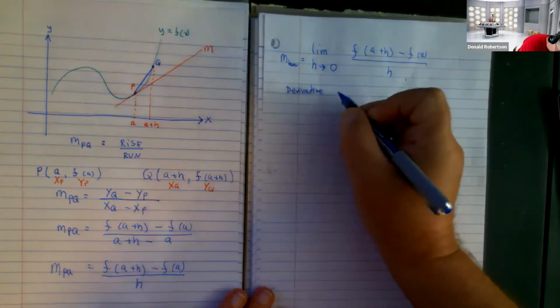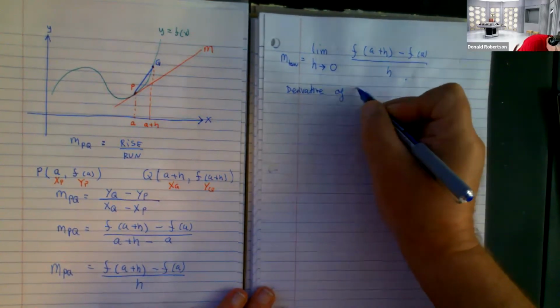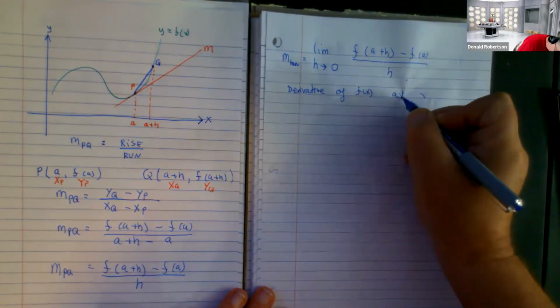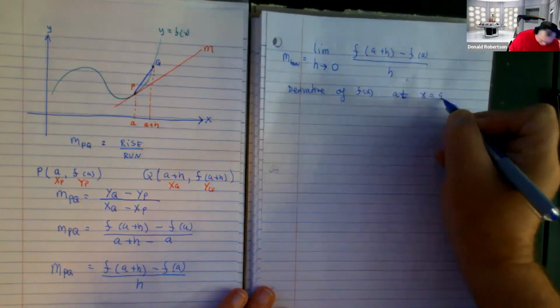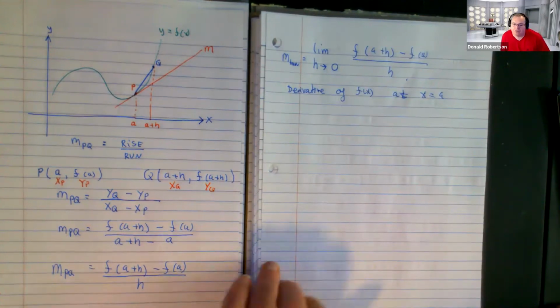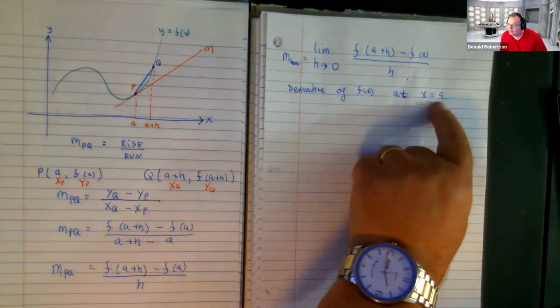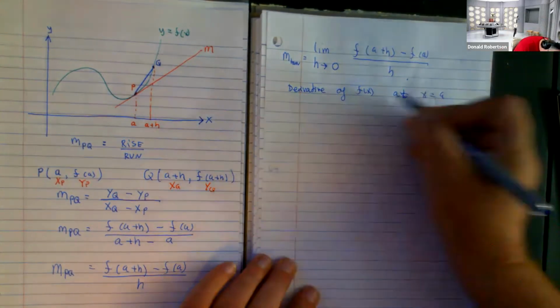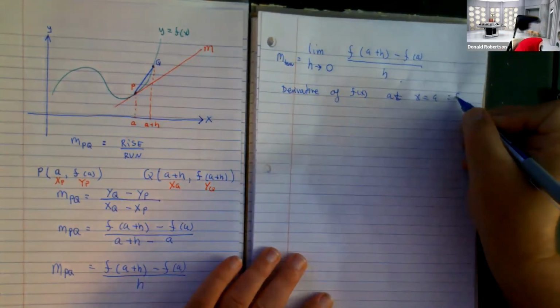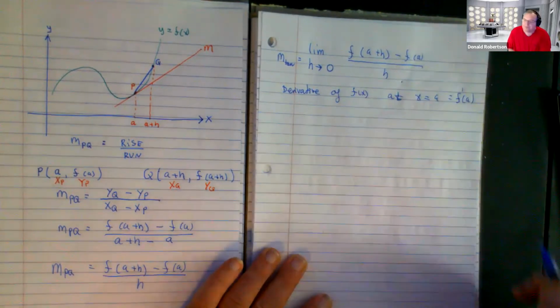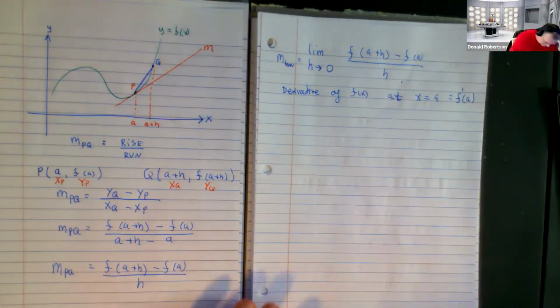And its full title is the derivative of f of x at, it says at x equals a. So the slope of a tangent line is also the derivative of the function at x equals a. But that's a mouthful. So we use this notation. F dashed of a.